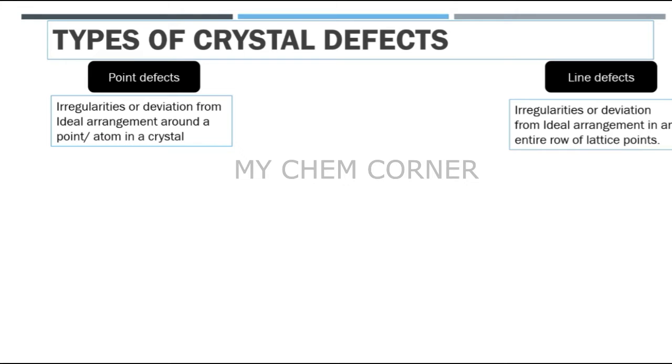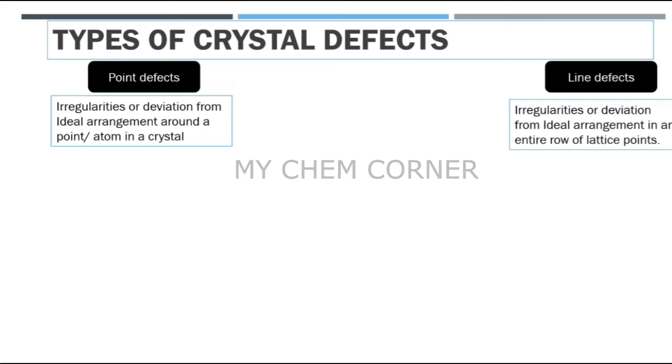In the same way, if you're talking about a line defect, you are talking about an entire row of lattice points. If there is a disturbance in the arrangement over an entire row of lattice points, then they are classified as line defects. So if you go by the term itself, you get the meaning of these defects.